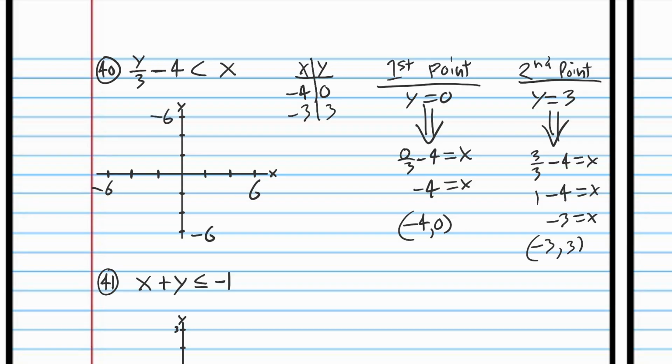And negative 4 is 0. Negative 3, 3. And connect the dots. But when you connect the dots here, we don't have a less than or equal to sign. It's only less than, so we have to use broken dots.